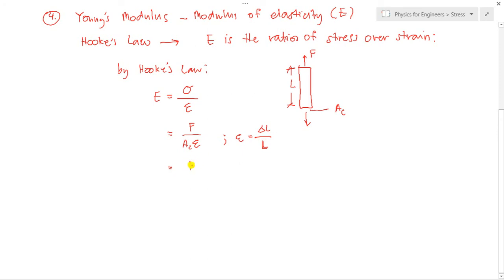So plug in the values: F over A, then delta L all over L. Therefore our modulus of elasticity is equal to the force times the length over the cross-sectional area multiplied by the change in length of our material. In short, as a mnemonic, E equals FL over A delta L.